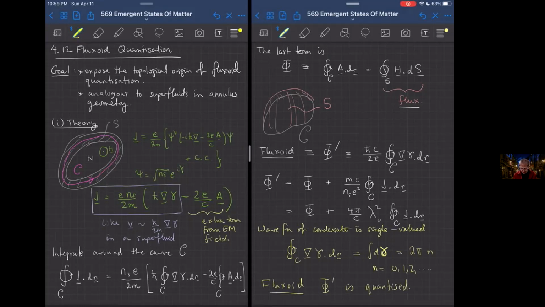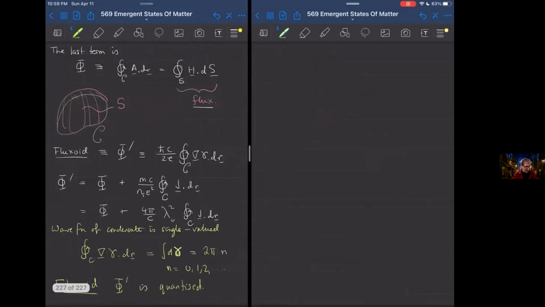And it's quantized in units of the flux quantum. Phi prime is equal to h bar c over 2e times 2 pi n, which is equal to n times phi naught. So that's the exact formula.